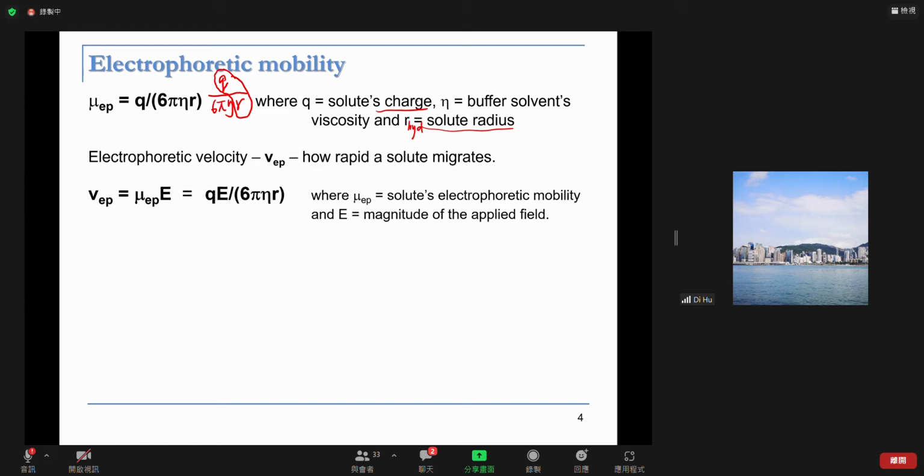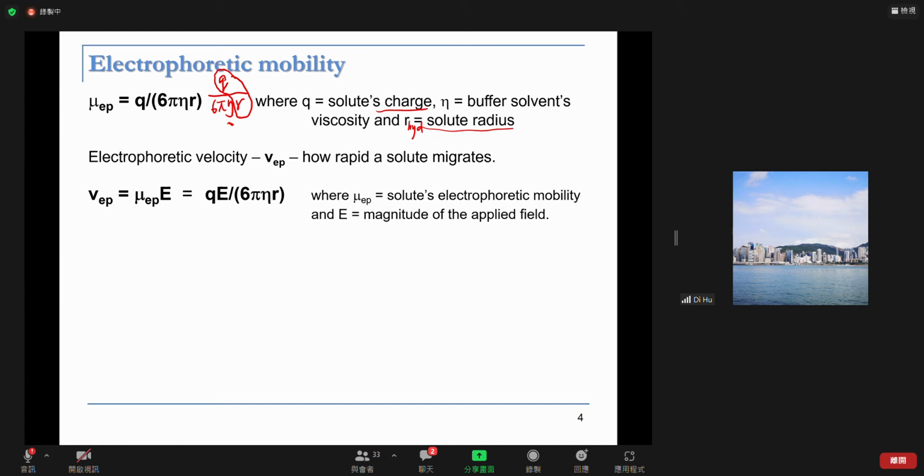This one is something you have to really pay attention to. It depends on the charge density, but it's the charge over its hydrated radius, because now it's in the buffer solution. So it's solvated, it's hydrated. It's not showing up as a bare ion. And it's also related to the viscosity.